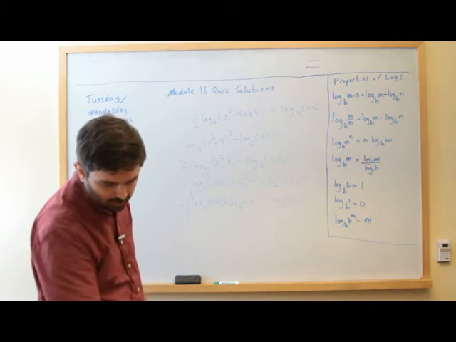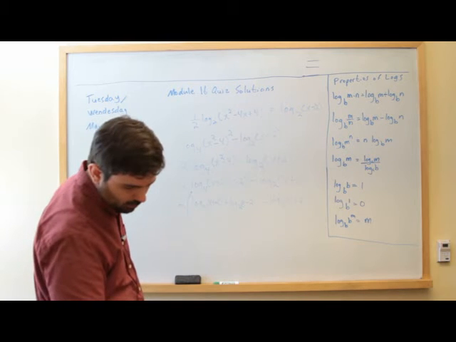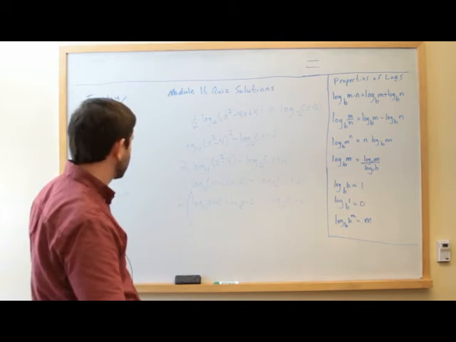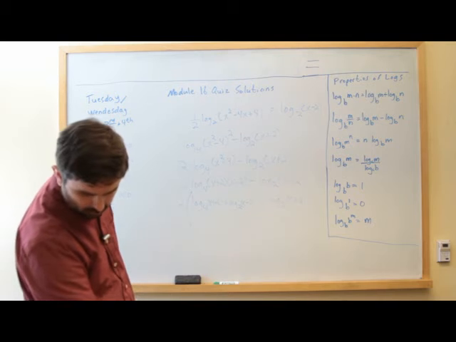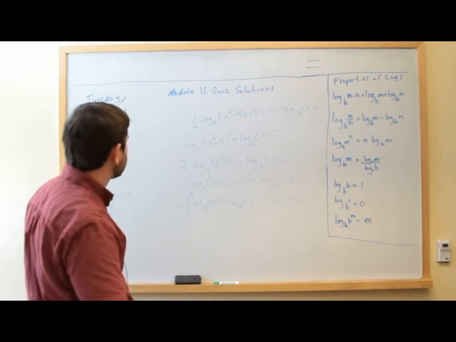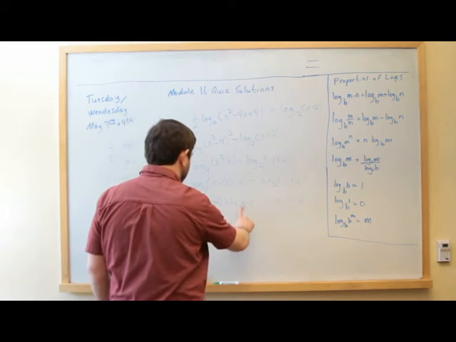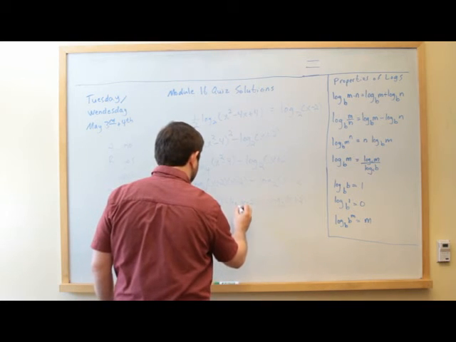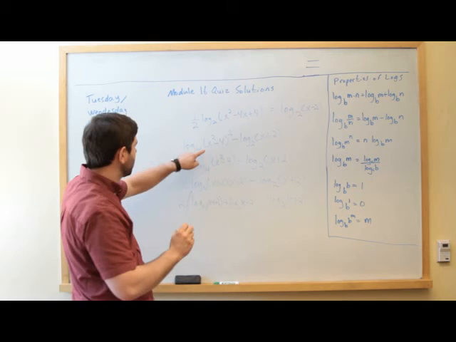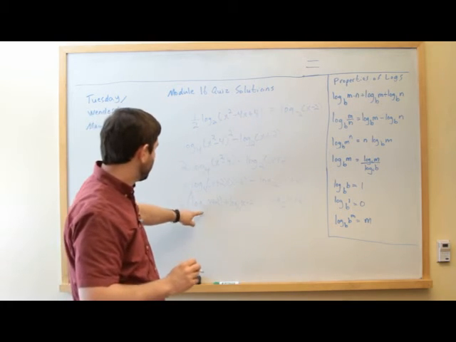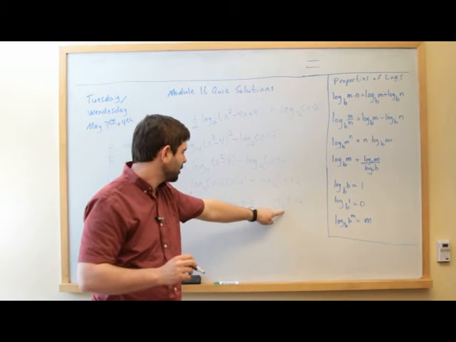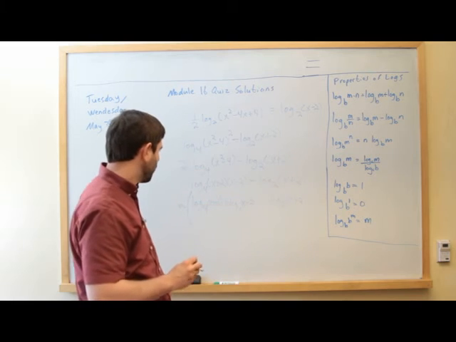And let's see here. Oh, we have different bases, don't we? This should be a log 2 down here, or log 4. Same base as this. Okay, now we have some different bases going on here, so we want to change the base of this and make it be a 4.